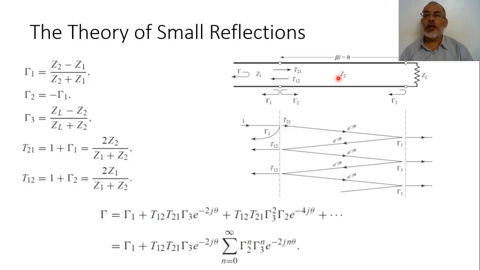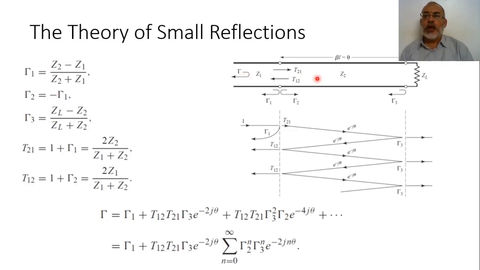Now the wave is coming from Z2 to Z1. There will be a reflection coefficient gamma 2. Here the reflection coefficient gamma 2, when the wave is coming from Z2 to Z1, equals Z1 minus Z2 over Z1 plus Z2. It can be noted that the reflection coefficient gamma 2 equals minus gamma 1. So gamma 2 equals minus gamma 1.